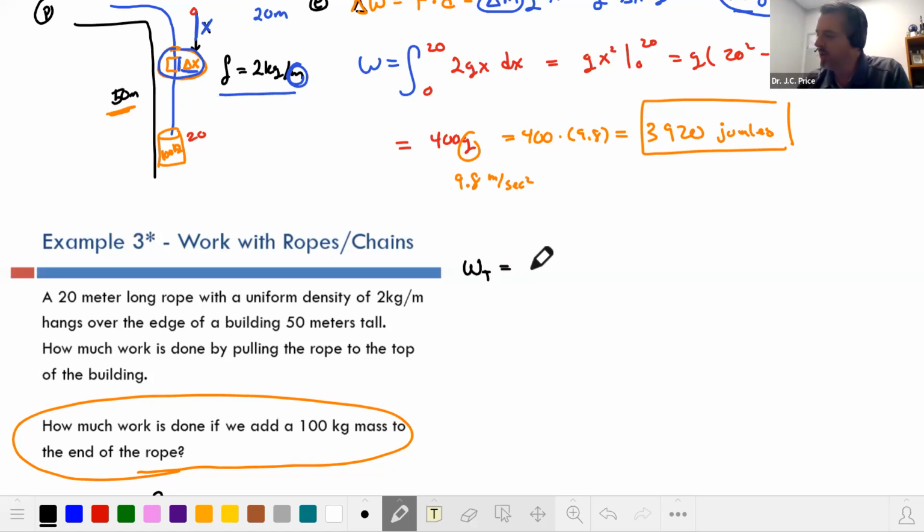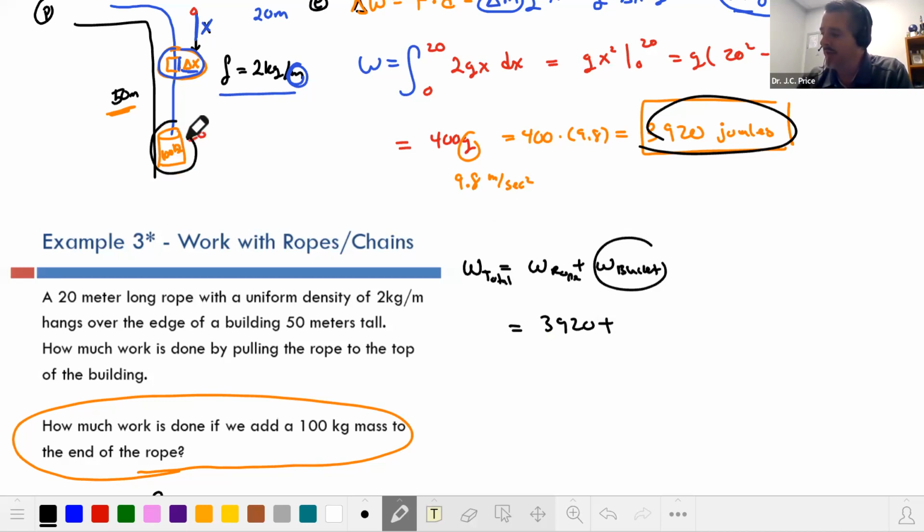So to find the total work done, it's going to equal the work to pull the rope up plus the work for the bucket. So we can write these out: bucket, rope, and total. Well, we just found the work for the rope. It was 3,920 joules plus the work for the bucket, and you just take the force times the distance.